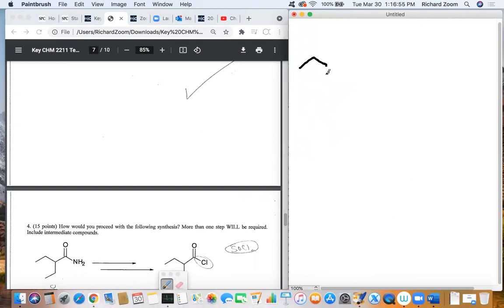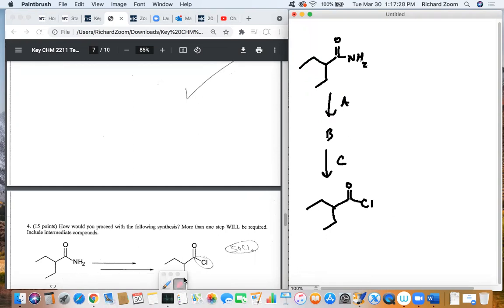All right, so what I would do, the approach I would take, I would go back to question 1, look for something that forms a similar functional group to what you're seeing here.